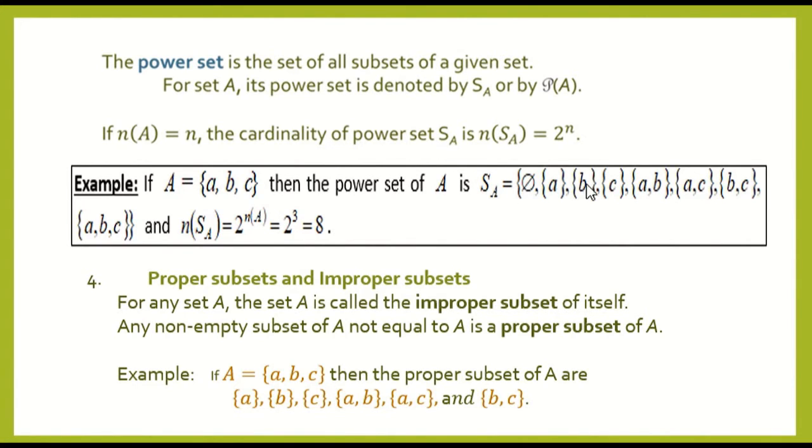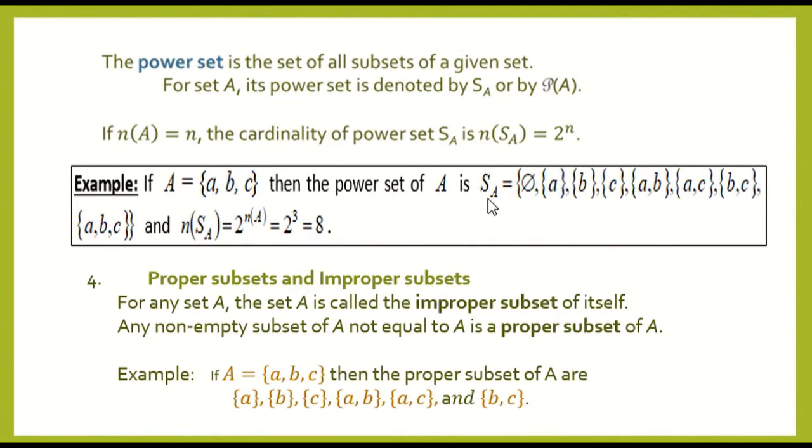So, in ani pagsulat ang atong power set. S sub A is equal to the list of the subsets of A separated by comma and enclosed by braces. And we have n of S sub A, which is the cardinality of the power set A, that is equal to 2 to the power of n of A. That is equal to 2 to the power of 3 or 2 cubed which is equal to 8. So, ang 8 diri, mao ni siya ang number of elements sa atong power set.